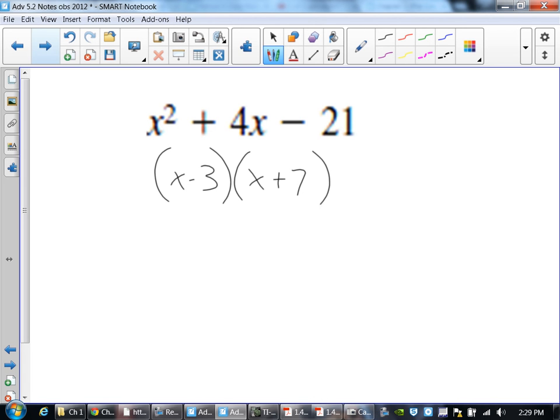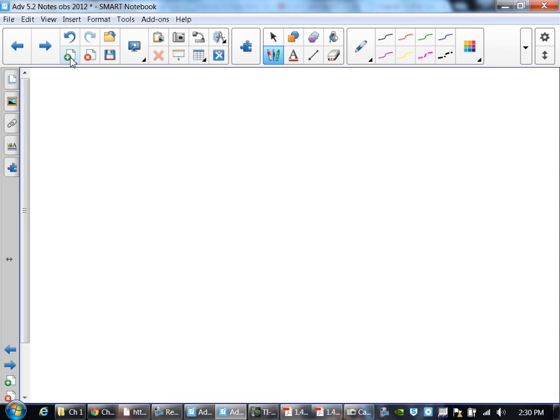What changes is when you throw in some of the special pattern ones. For example, x plus 3 and x minus 3. This is what you call a difference of squares. When you see something that's just two terms with a square, you ask yourself the exact same 3 questions each and every time. Is this a perfect square?